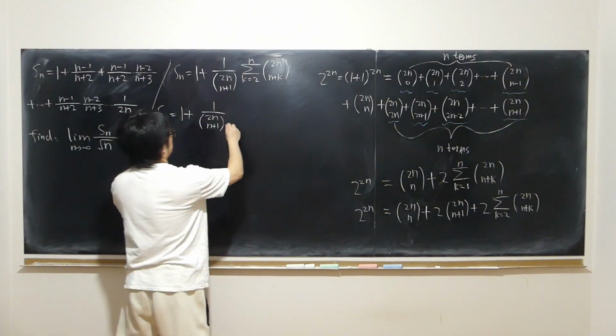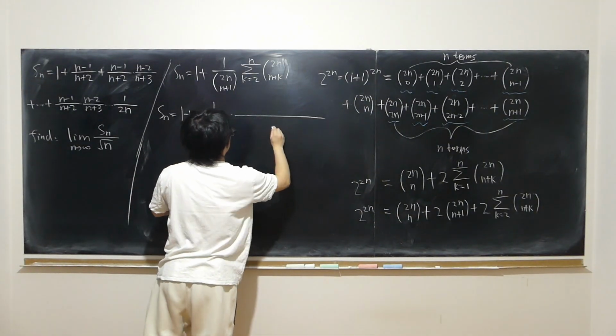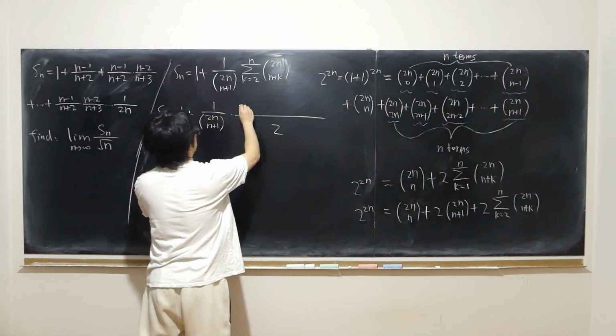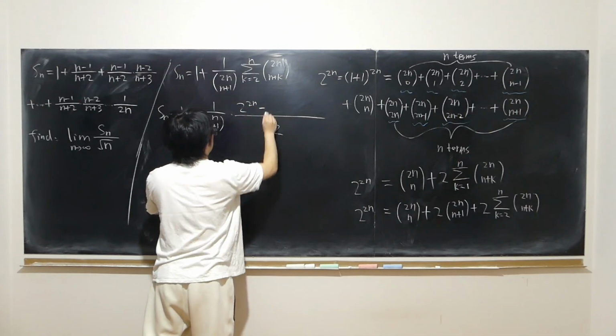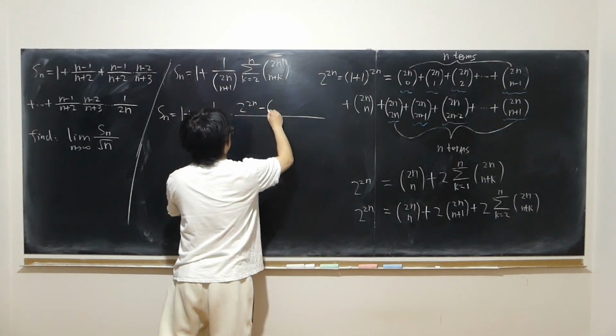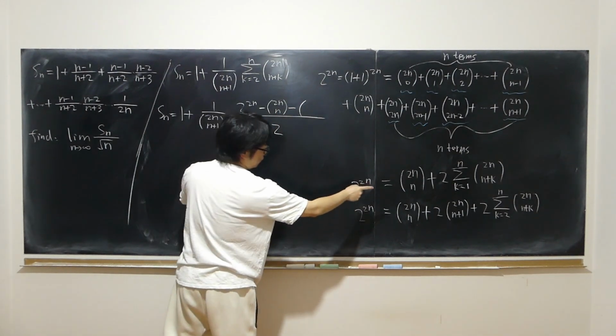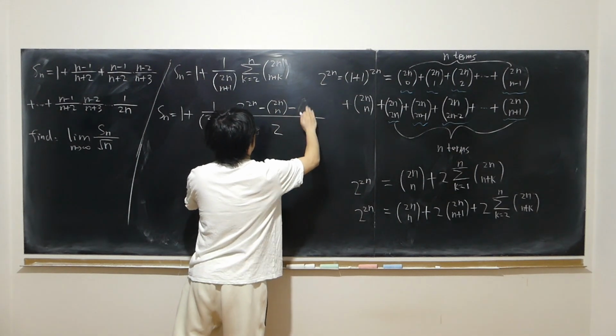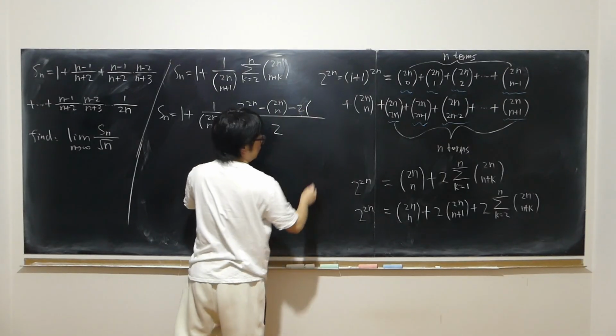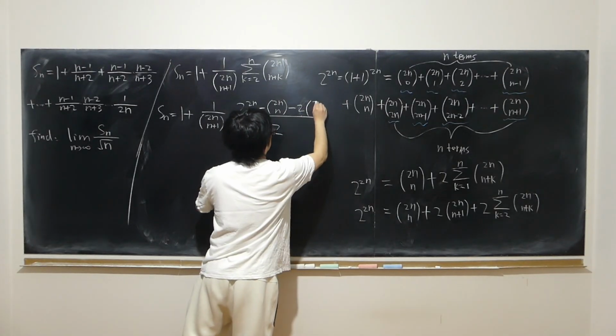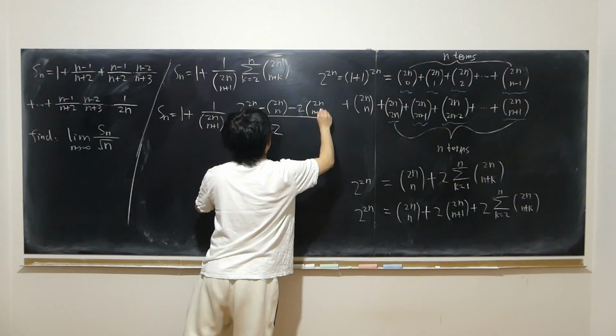Easy. So 2 to the 2n minus 2n choose n minus 2 times 2n choose n plus 1.